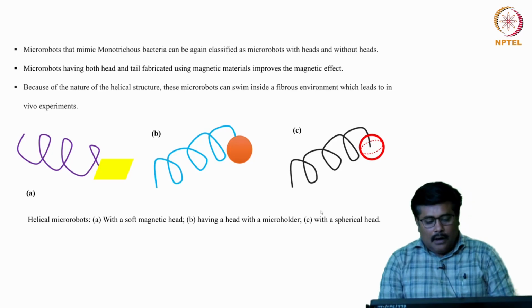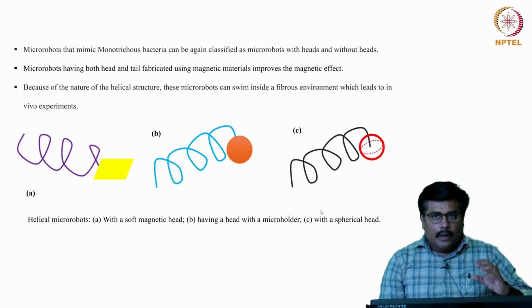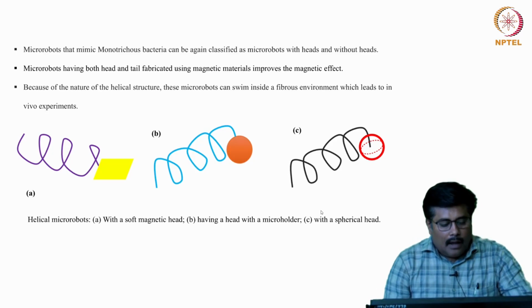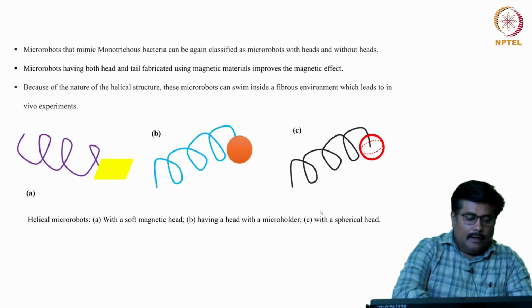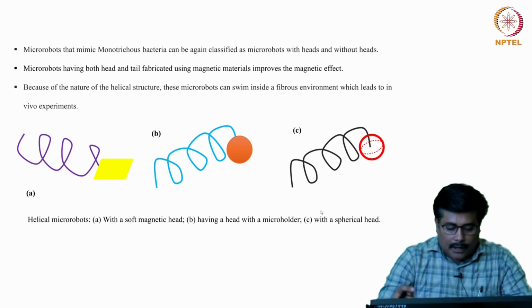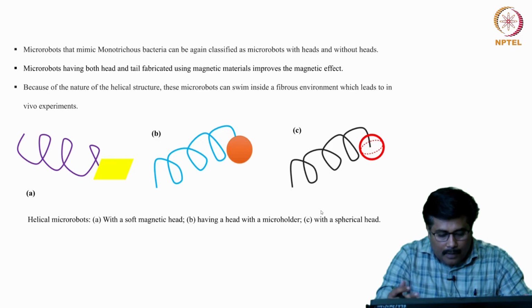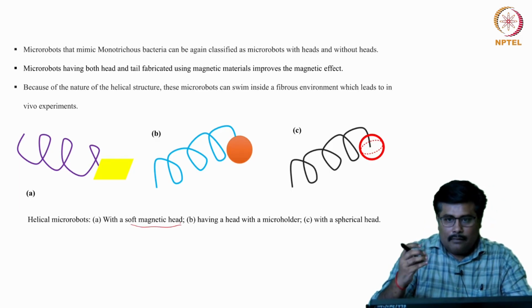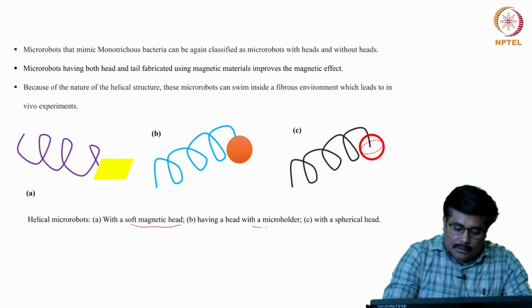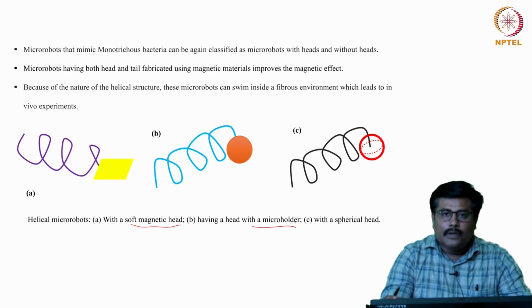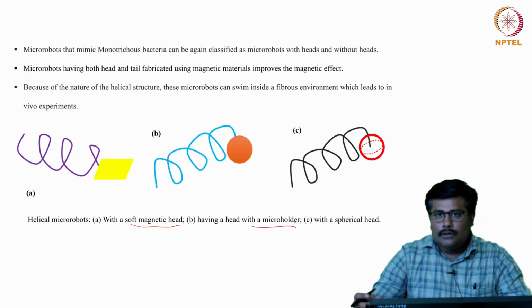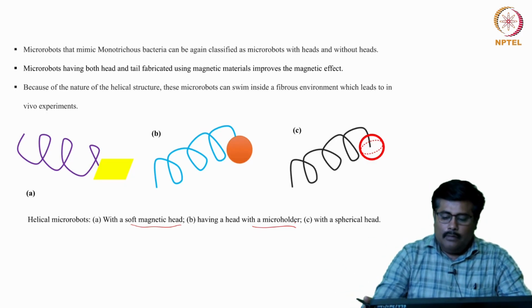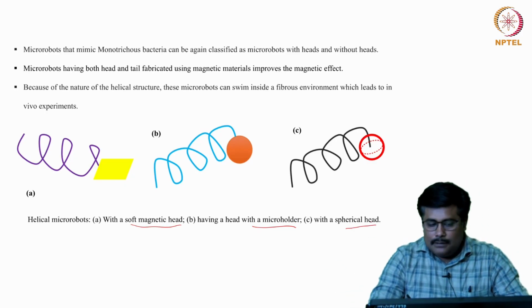If we try to classify this helical microrobot, we can classify the structure based on the type of magnetic head. One is called a soft magnetic head, which has a flexible structure. Then there is a small micro holder in place, whose main function is to take care of the flexible movement, and then there is a spherical head.